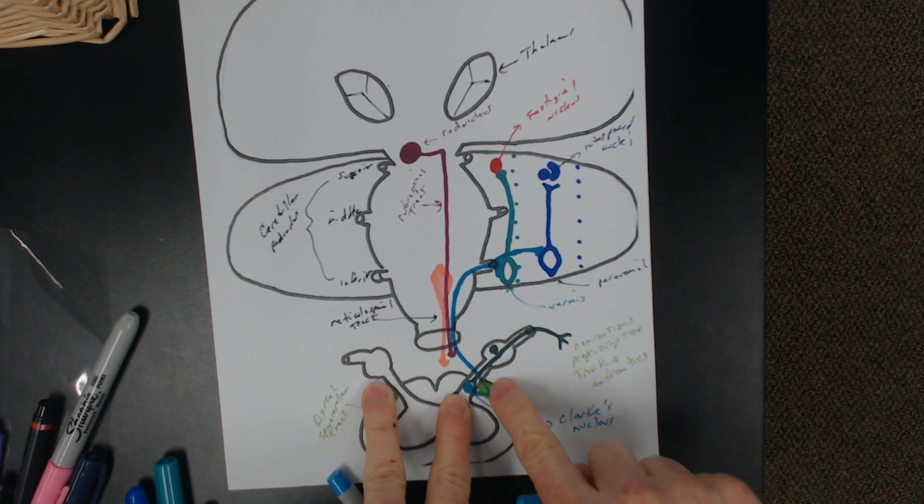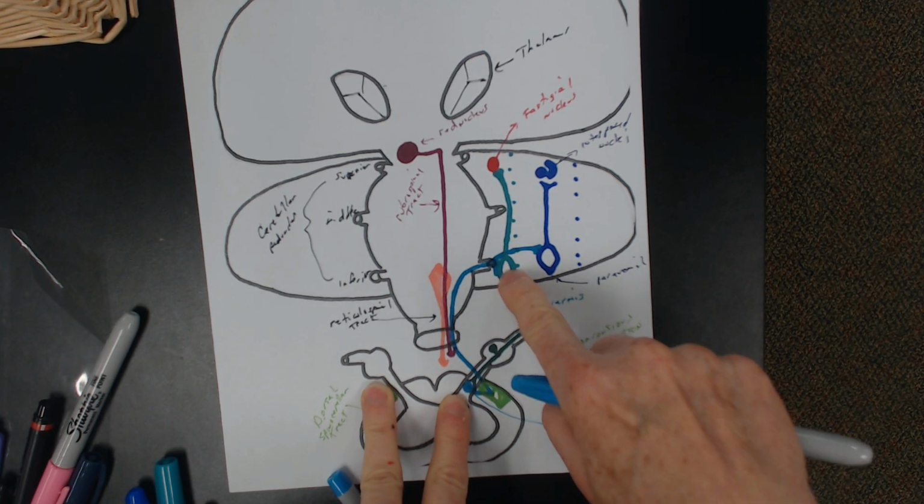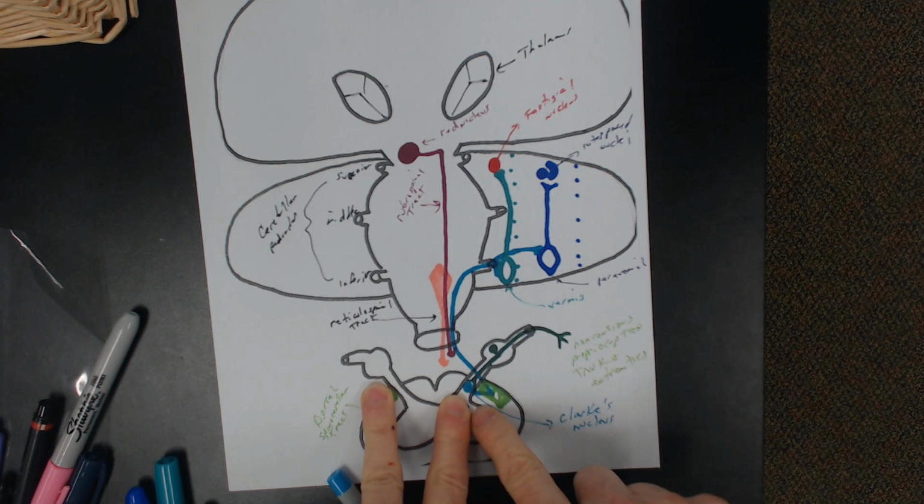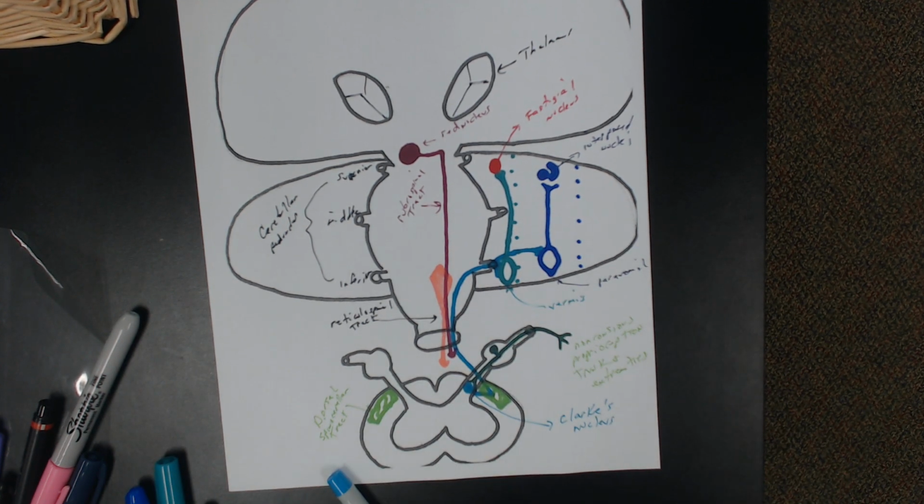If the information came from the trunk, it goes to the trunk. If it came from the extremities, it goes to the extremities. Probably the most important thing to note is that everything stays ipsilateral. There are no decussations like there were for cortical regions. Everything so far for the dorsal spinocerebellar tract is going to stay ipsilateral.